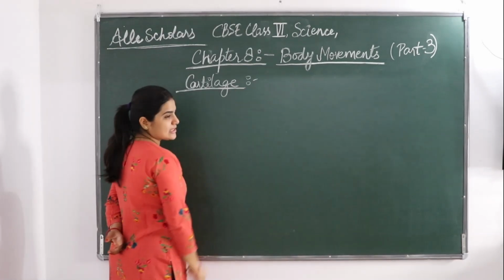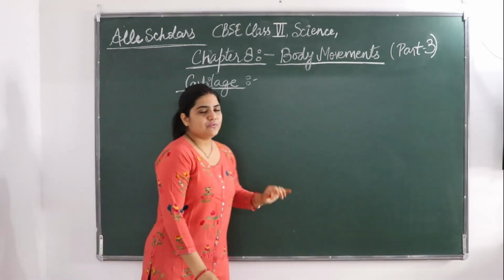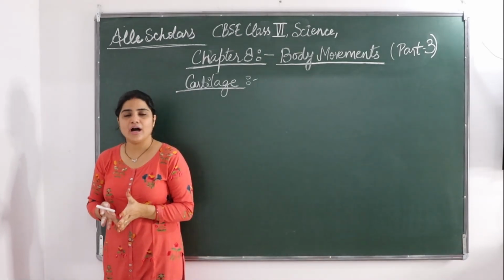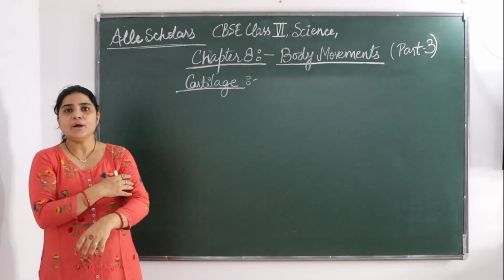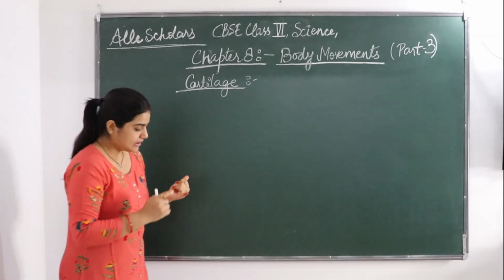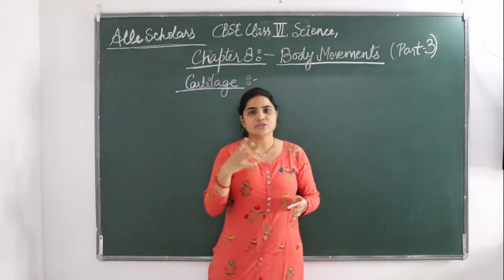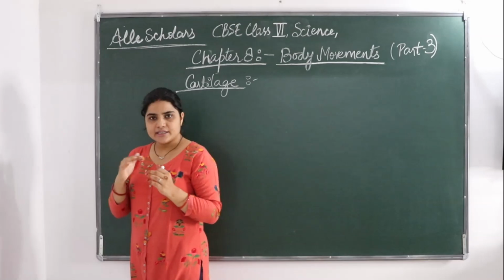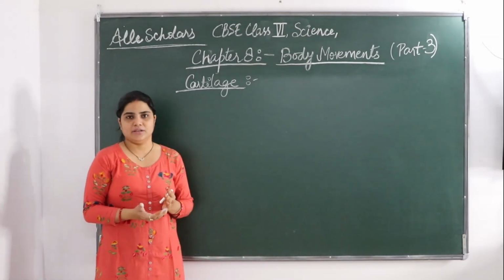After bones and joints, we are going to discuss cartilage. We have seen that bones are very hard, and joints are the parts which join two bones. Now what is cartilage? Cartilage is smooth, soft tissue, and it is very flexible.